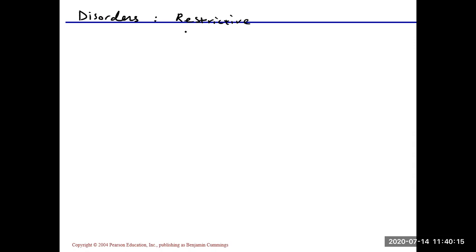But let's say restrictive disorder, because it's related to expansion. The lungs are not able to expand as much, so there are expansion problems. Those are restrictive disorders.